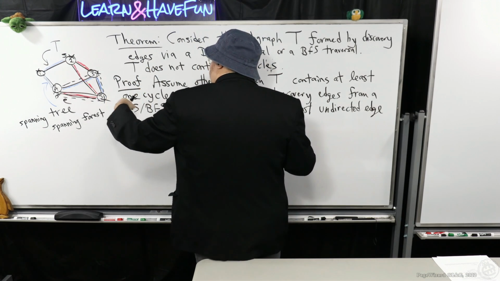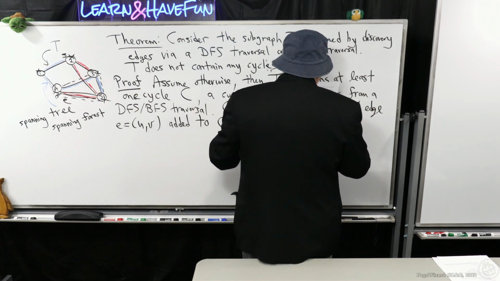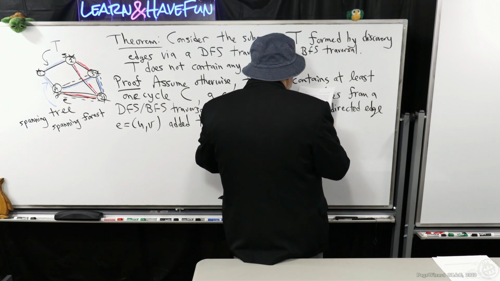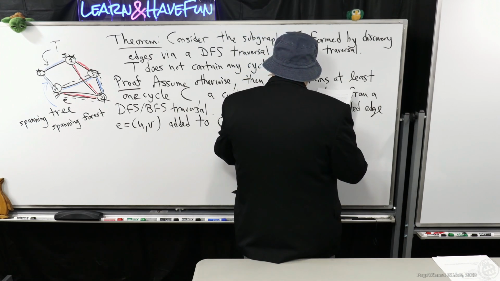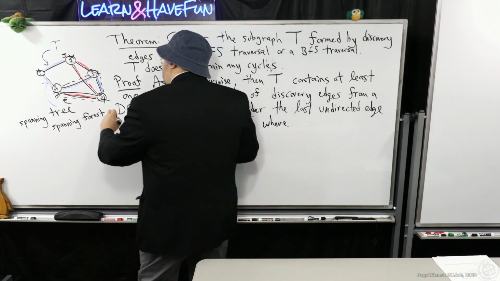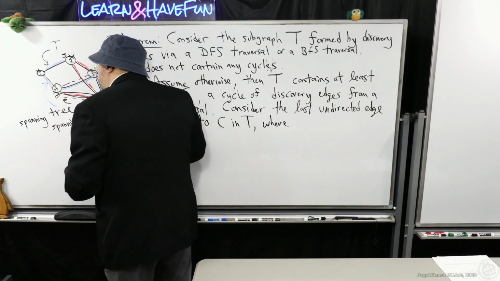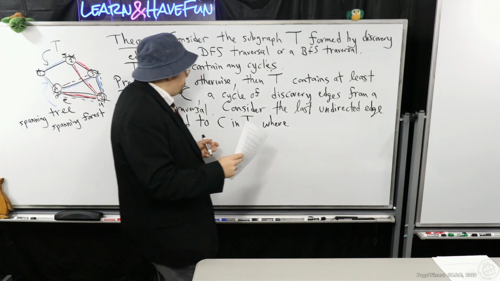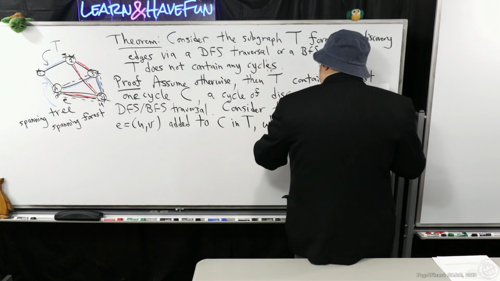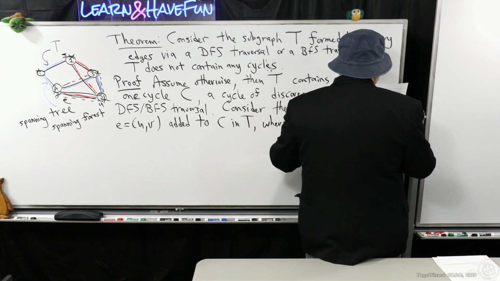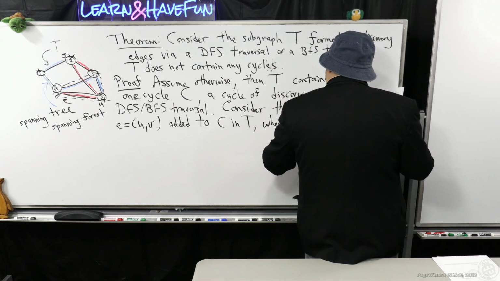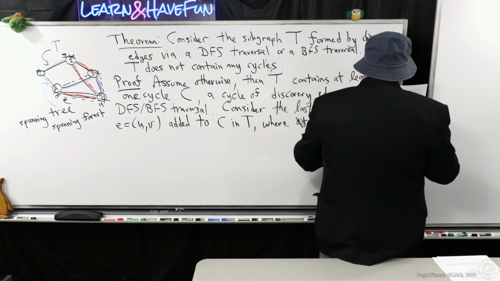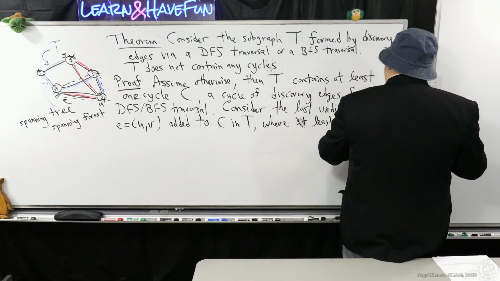Suppose that's the last edge that gets put in, that forms that cycle, added to C in T, where suppose that this is the vertex I reach before to add that edge in. Suppose that's u, where at least u was marked first.